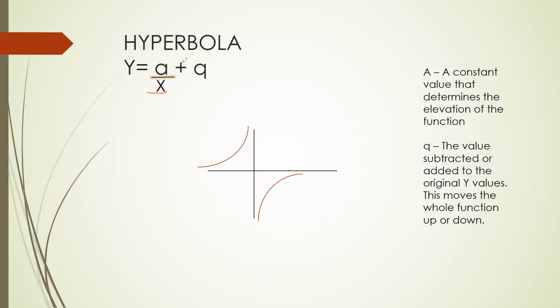Move 5 over to the other side, 5 minus 5 is 0. 0 is equal to a divided by what? Or a multiplied by 1 over what? If you say 0, 0 is equal to a divided by what exactly?